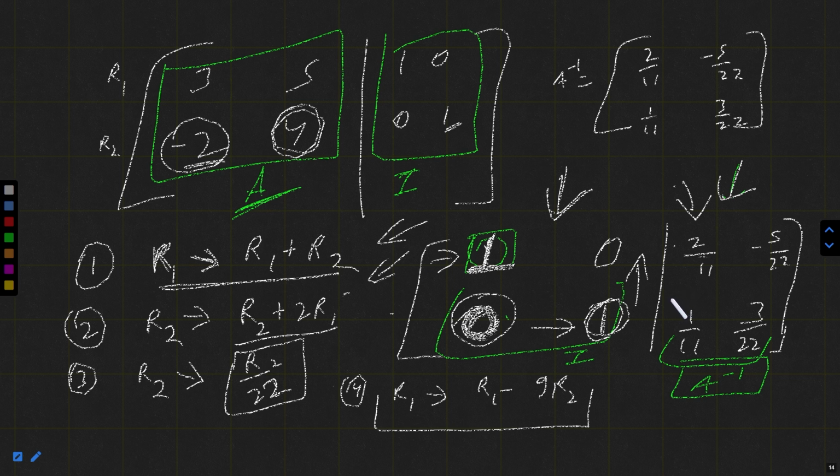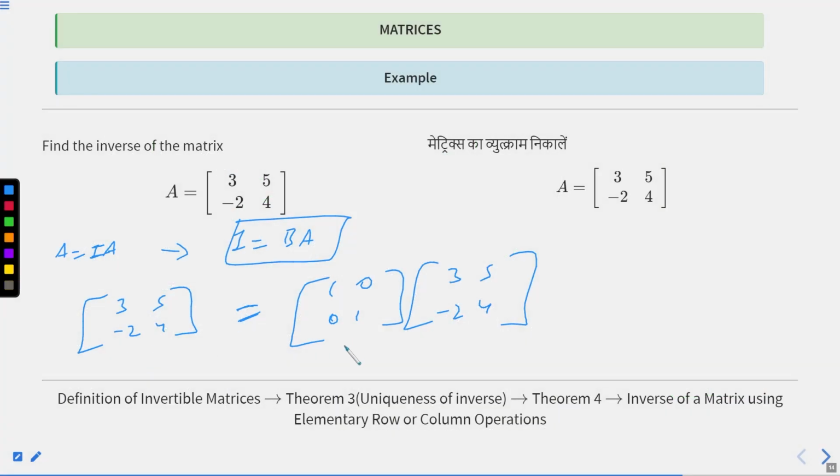Okay, I hope that you got the idea how we got it here. So don't worry if you are not getting comfortable with it. We will come back with more examples, with more questions of inverse through row operations, so that from practicing those questions you will have command on this topic of finding inverse using your row operations or elementary row operations.